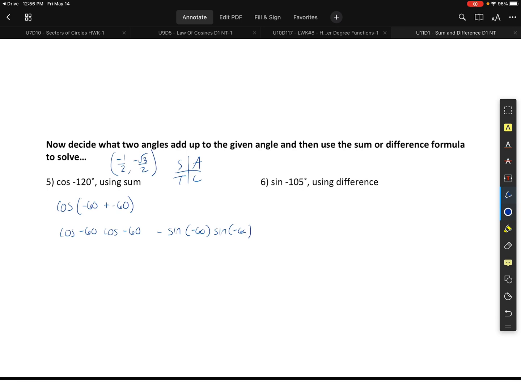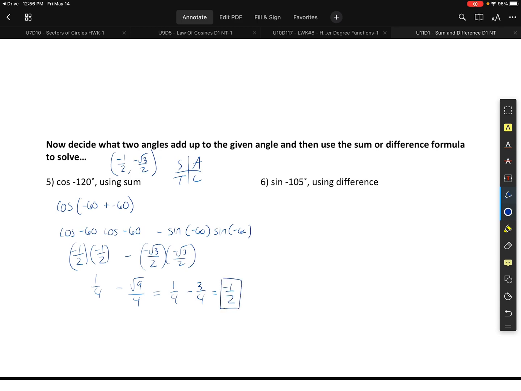So cos, we got negative 1/2 times negative 1/2, minus negative rad 3 over 2 times negative rad 3 over 2, which gives us 1/4 minus rad 9 over 4, which gives us, in this case, 1/4 minus 3 over 4, for negative 1/2.